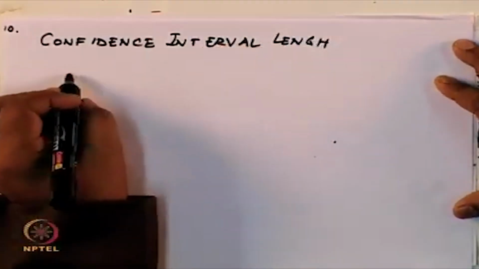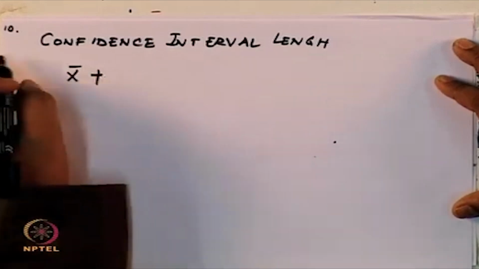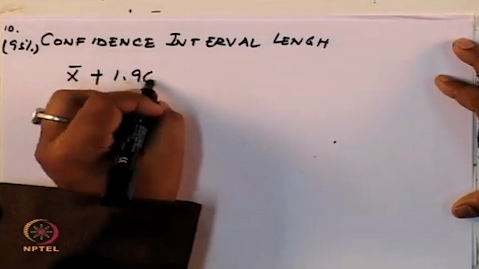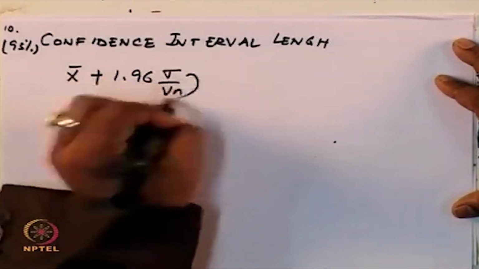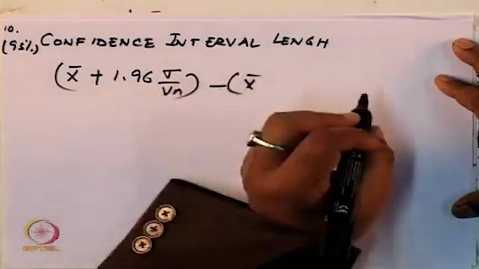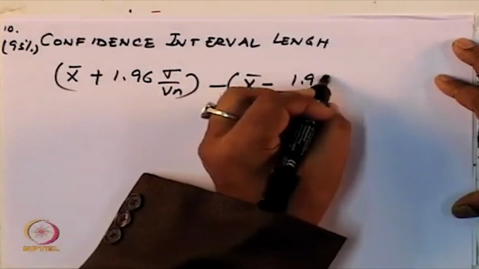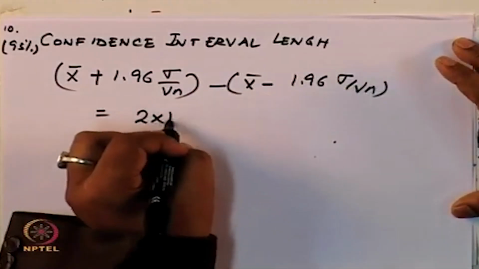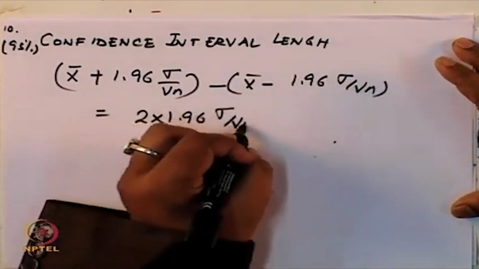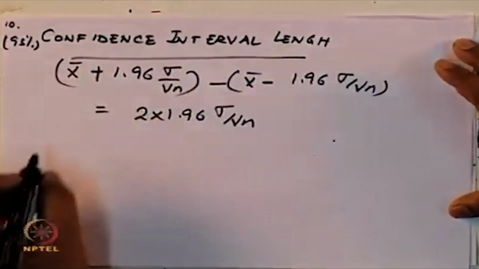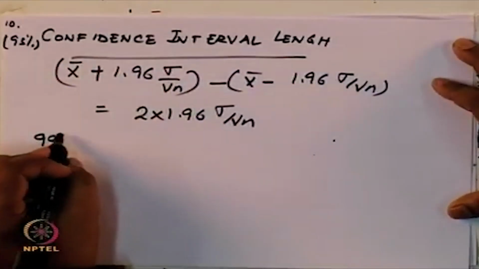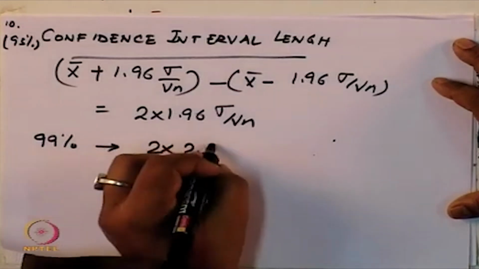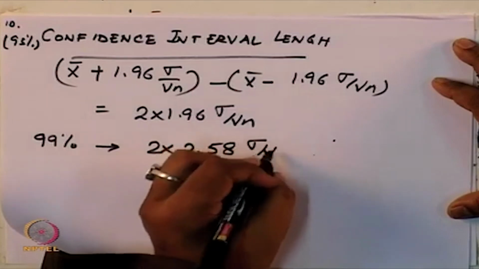If you want a 95% confidence interval length, it is basically x bar plus 1.96 sigma by root n minus x bar minus 1.96 into sigma by root n. Okay. This is 2 into 1.96 into sigma by root n. So, this is your confidence interval length. Accordingly, for the 99% confidence interval length, this will be 2 into 2.58 into sigma by root n.